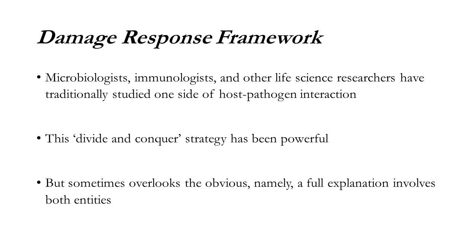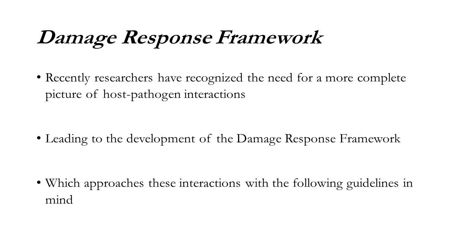Sometimes, though, it overlooks that a full explanation of pathogen and host interactions should give pride of place to both sides, right? Recently, researchers have recognized the need for this complication of the picture, and this has led to the development of the damage response framework. This basically approaches interactions between hosts, immune systems, and pathogens with the following guidelines in mind.